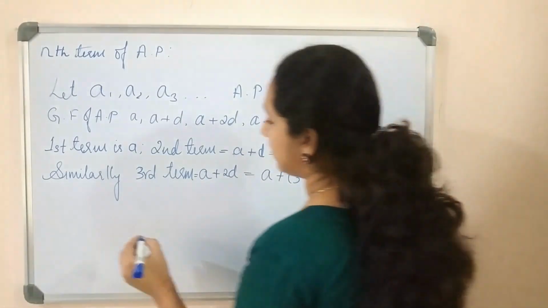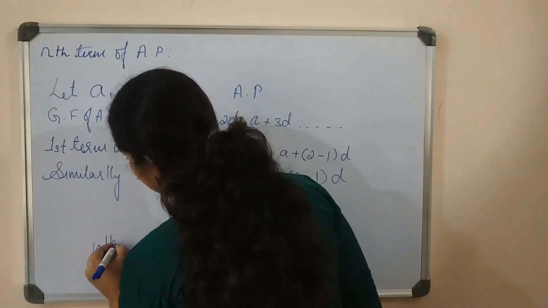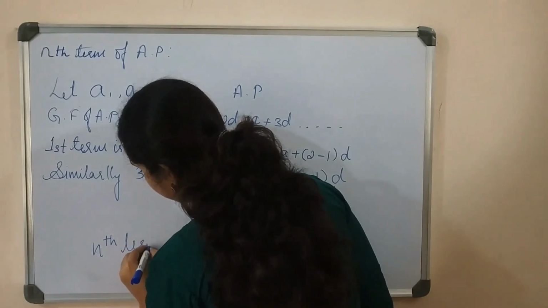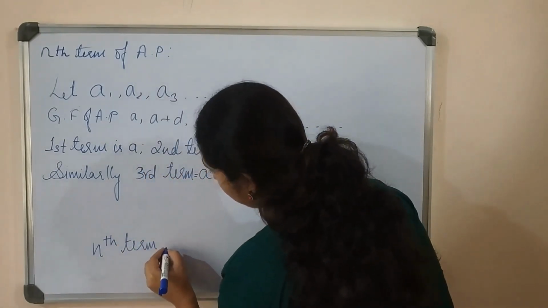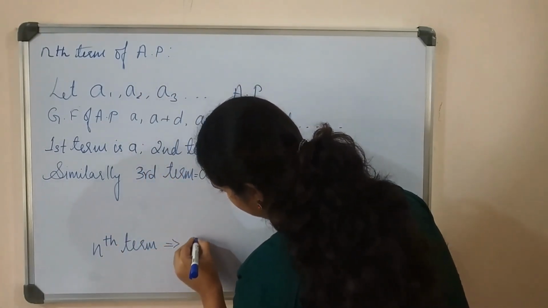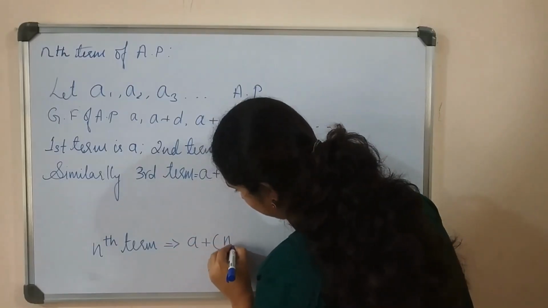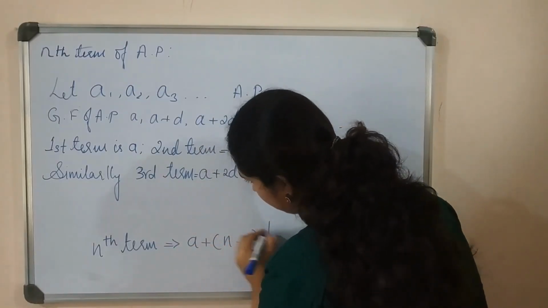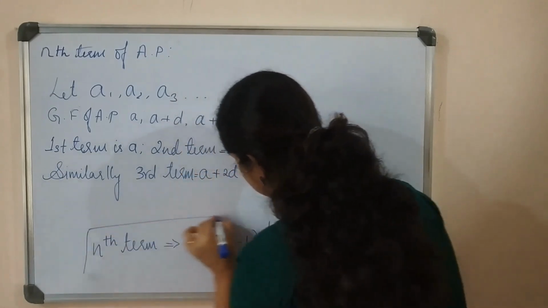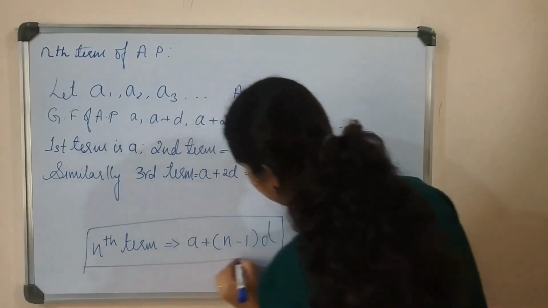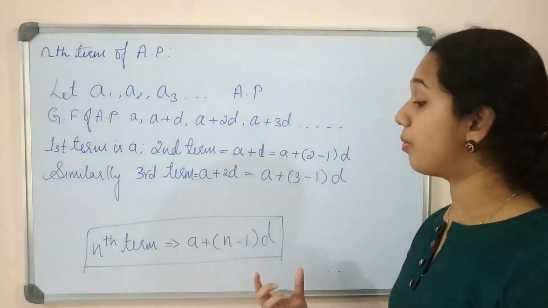Now, at the nth term, it will be A plus n minus 1 into D. Okay, and this is the formula for the nth term of the arithmetic progression.